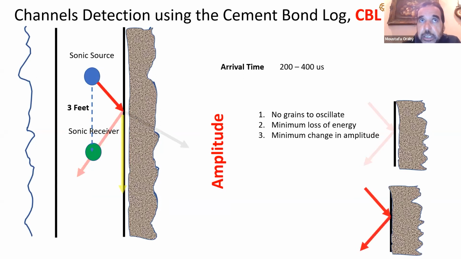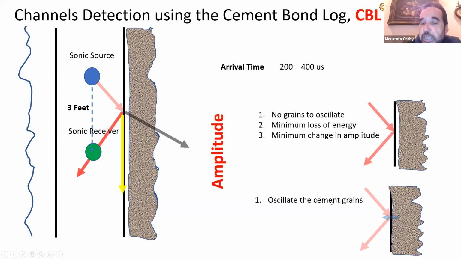This means that the amplitude of the reflected one will become very low. Why does it become very low? Because it gave energy to the grains. It gave energy to the cement to oscillate. So the oscillation of the cement grains will be at the expense of the energy of the sonic wave.